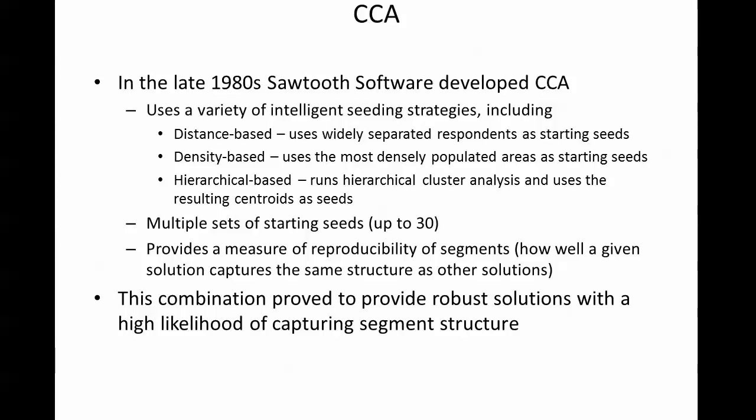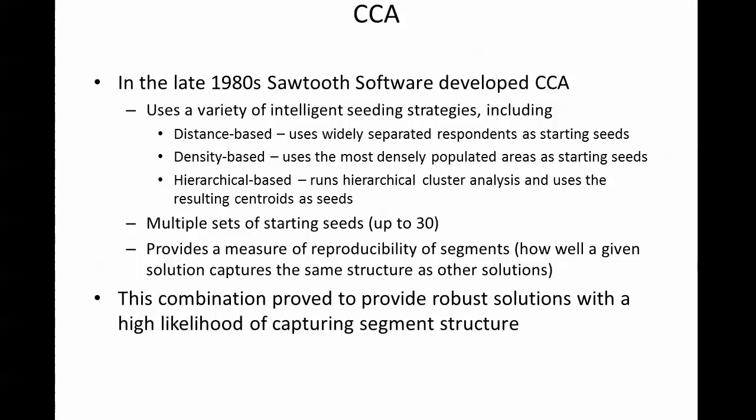So in this case, assuming we're wanting a 5-segment solution, it might look for 5 areas where the space is particularly dense with respondents. And alternatively, it runs a hierarchical-based approach. It runs a hierarchical cluster analysis and then uses the cluster centroids that come out of that as the seeds to get the process running.